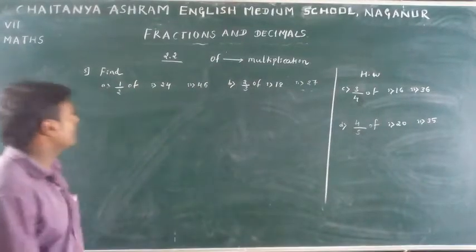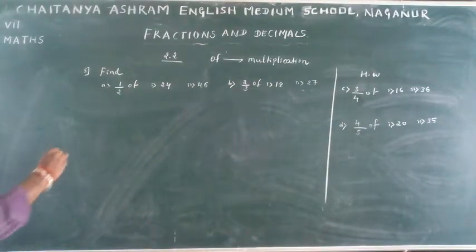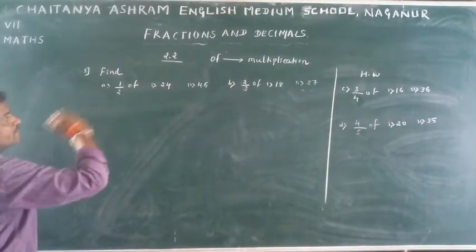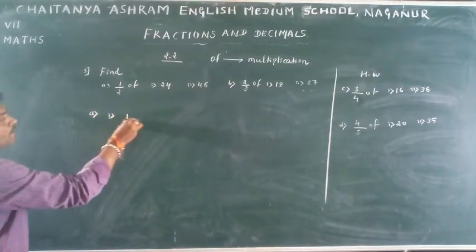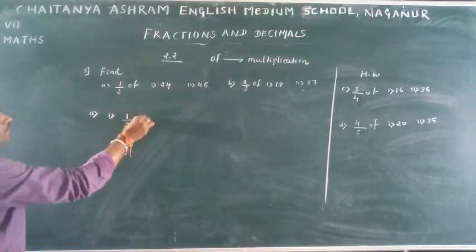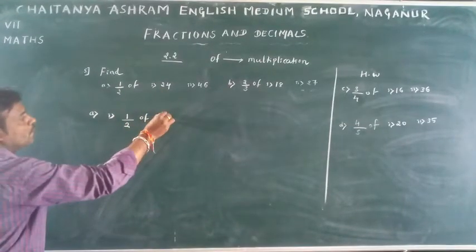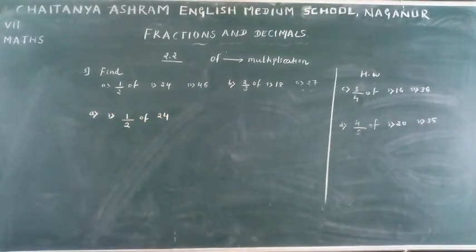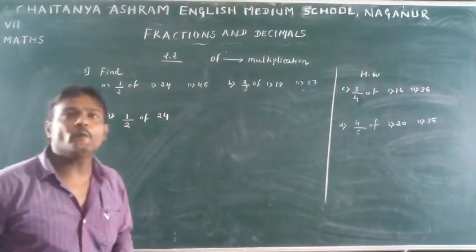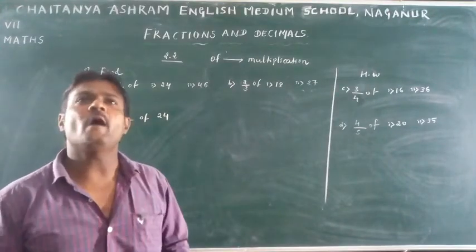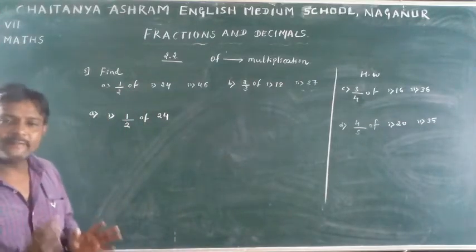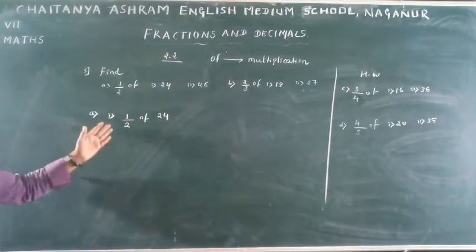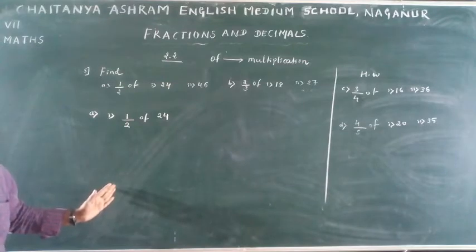Okay. Now see, first take A, the first one: half of 24. Think generally: there are 24 rupees. What is half of 24 rupees? 12 rupees. This we do by some mathematical steps.